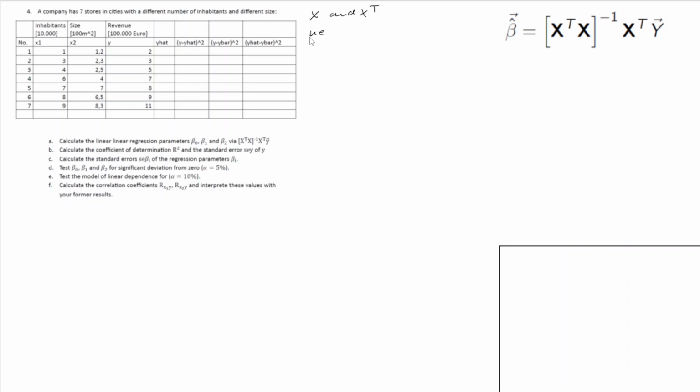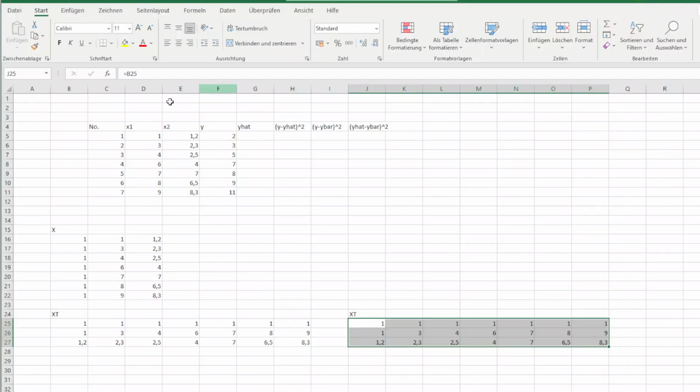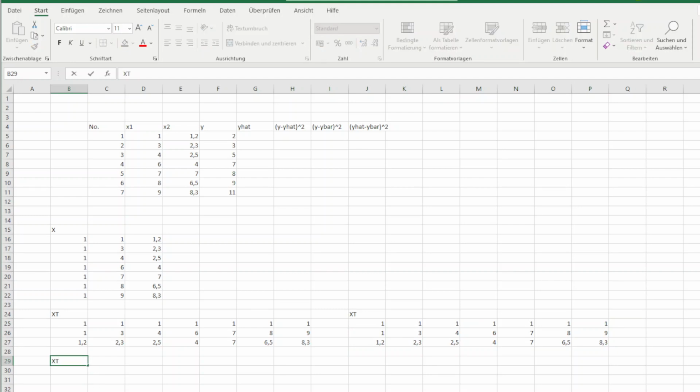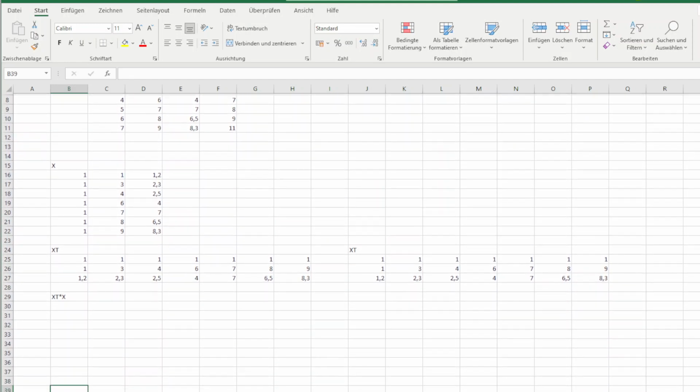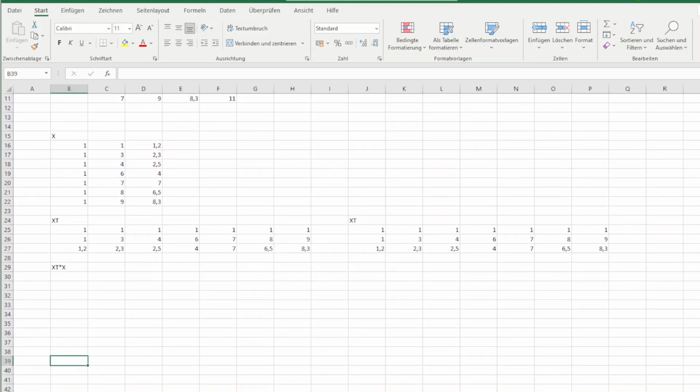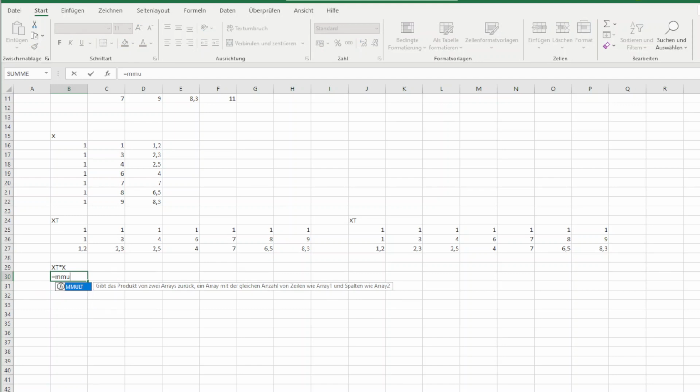Okay, then next step is xt times x. And for this you have also the function of matrix multiplication, and this is multiplication.